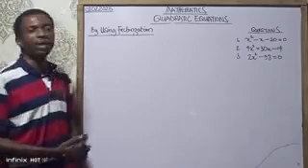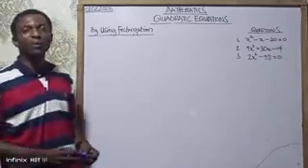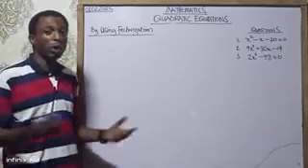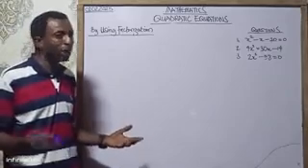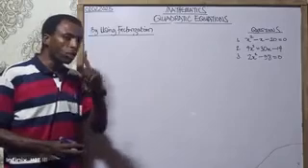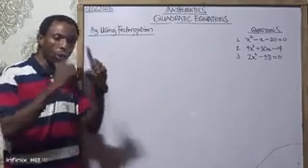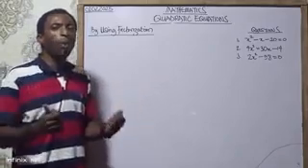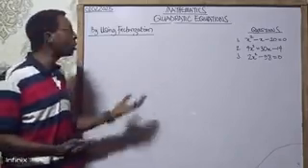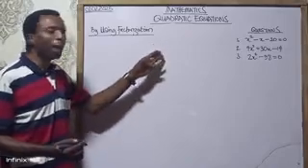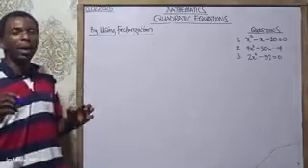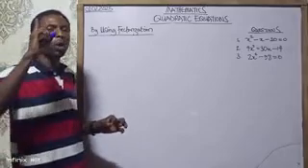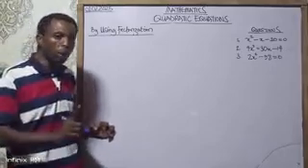Most times, students call that formula the almighty formula. But I do correct my students that no, only God is almighty. Let's give that right to God alone. Every other one is the handiwork of men. So the quadratic formula can solve any form of quadratic equation.